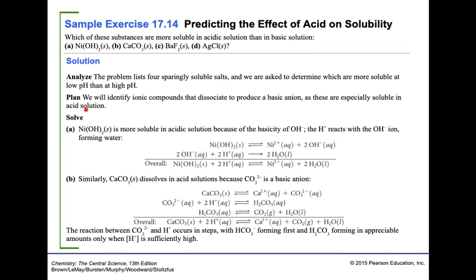So that should make sense. For letter A, this nickel hydroxide is going to be more soluble in acidic solution because of the basicity of the hydroxide ion. So it's going to create an anion that is basic, right? And then the H is going to react with the OH to form water.